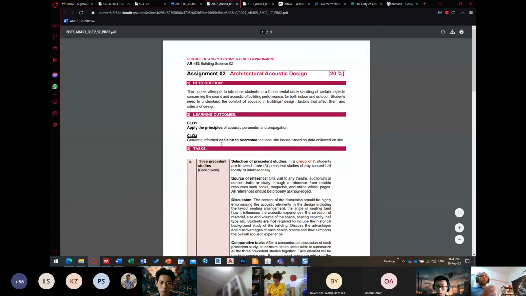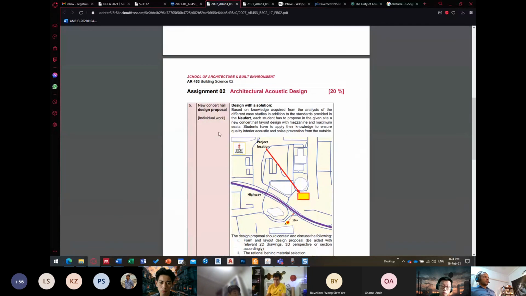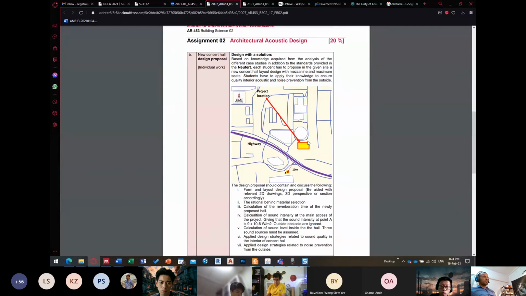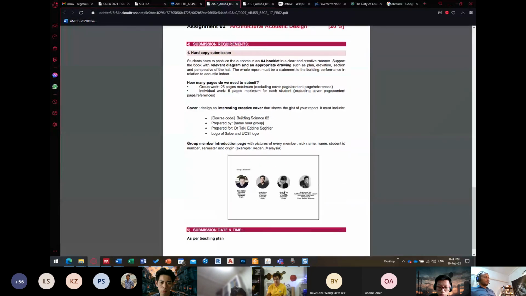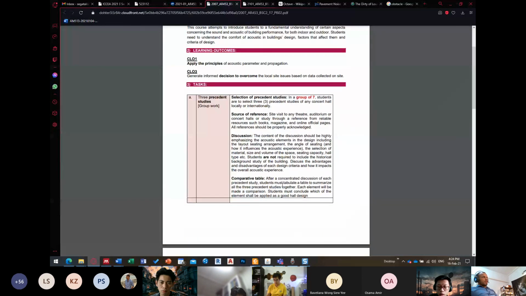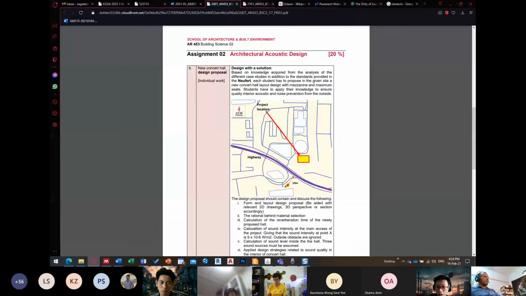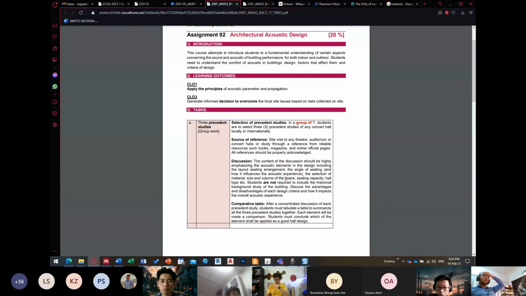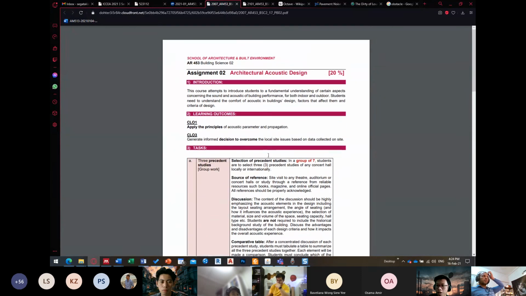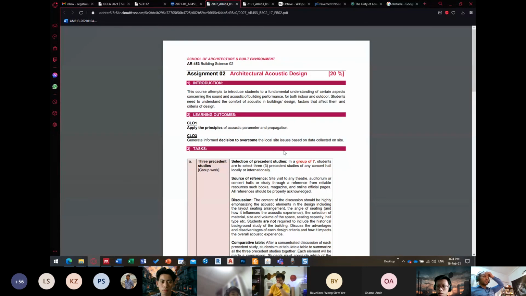The first part is group work, so you just keep the grouping of the previous assignments. The second part is individual work, where you will need to propose a concert hall here in UCSI. So you have to read to understand. Please go to CN and read through it. If there is any issue, let me know.